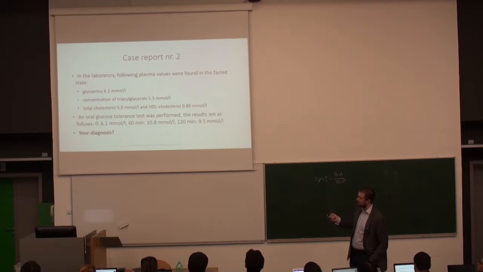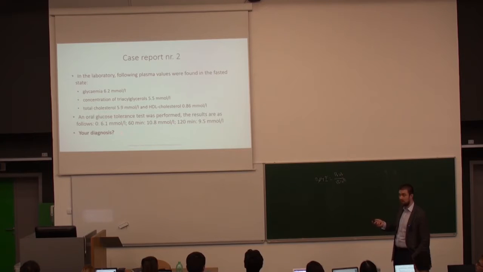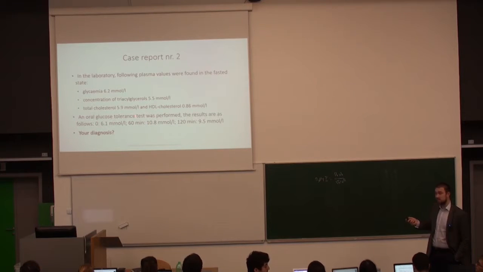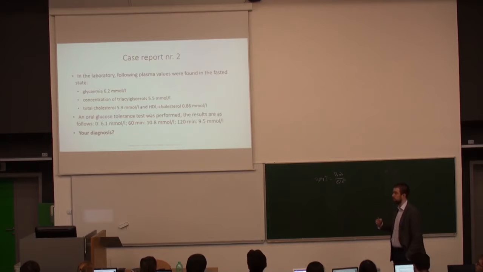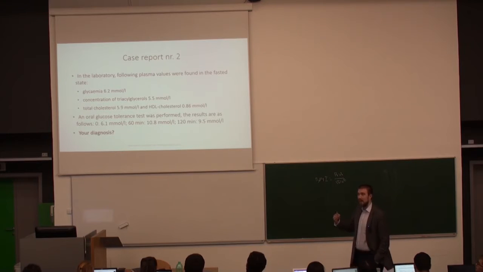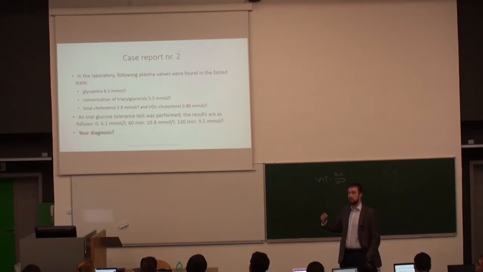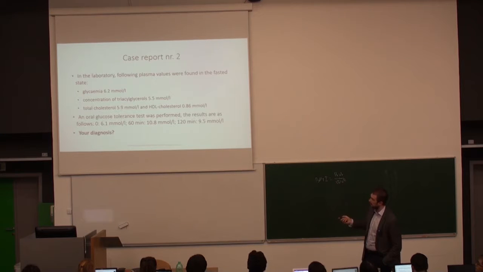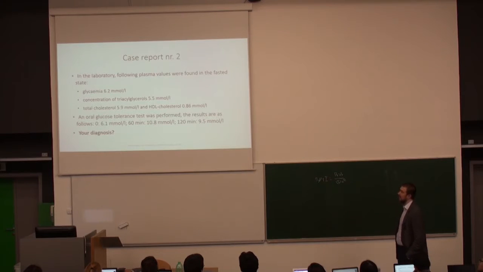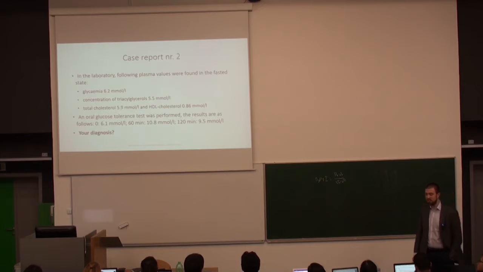Then, here you have the oral glucose tolerance test. You will learn about it in the summer semester. That's the kind of test when you give a standard dose of glucose, and you see how the body is able to cope with this glucose. And I can tell you that these values are higher than they should be in normal patients. So what do you think is the diagnosis here?